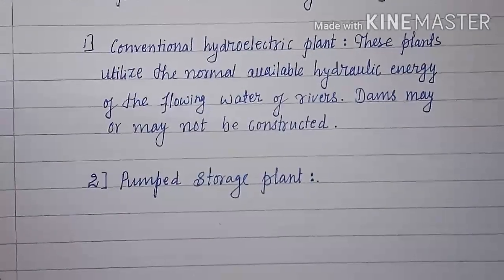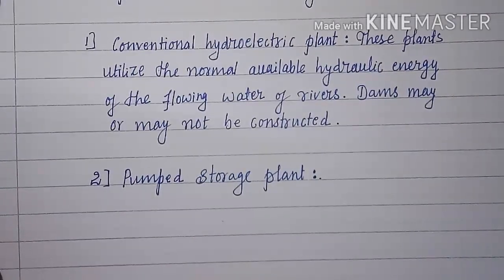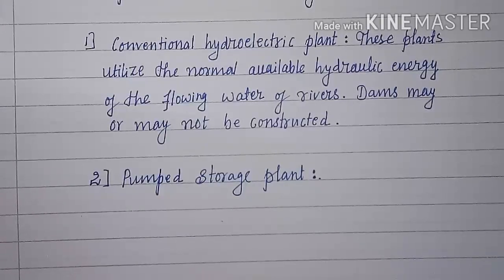In this classification, second type of hydroelectric power plant is pumped storage plant. These type of power plants are used for meeting the peak demand.